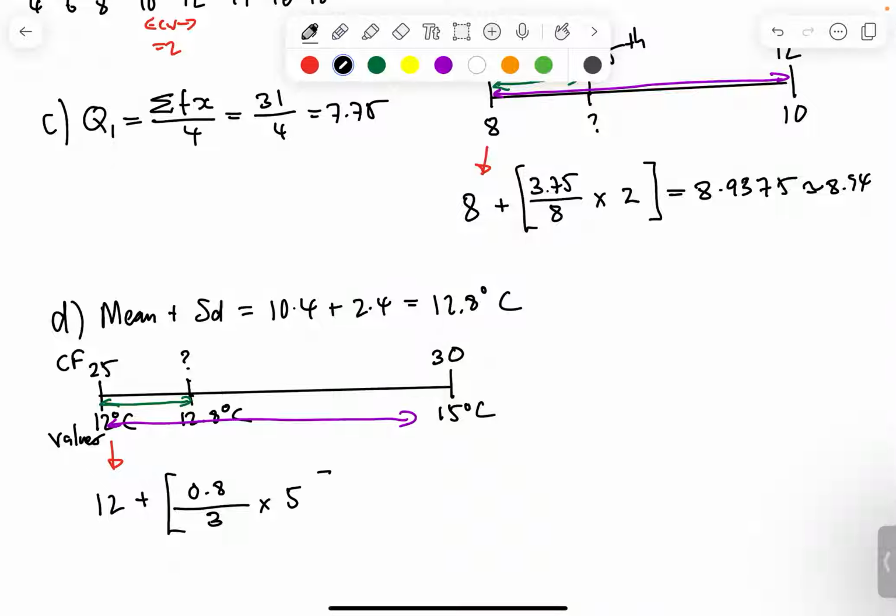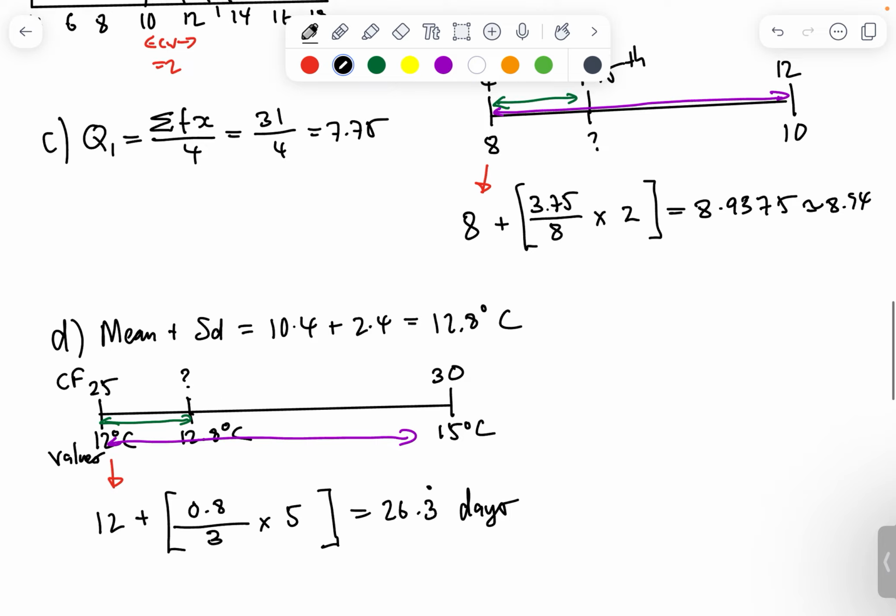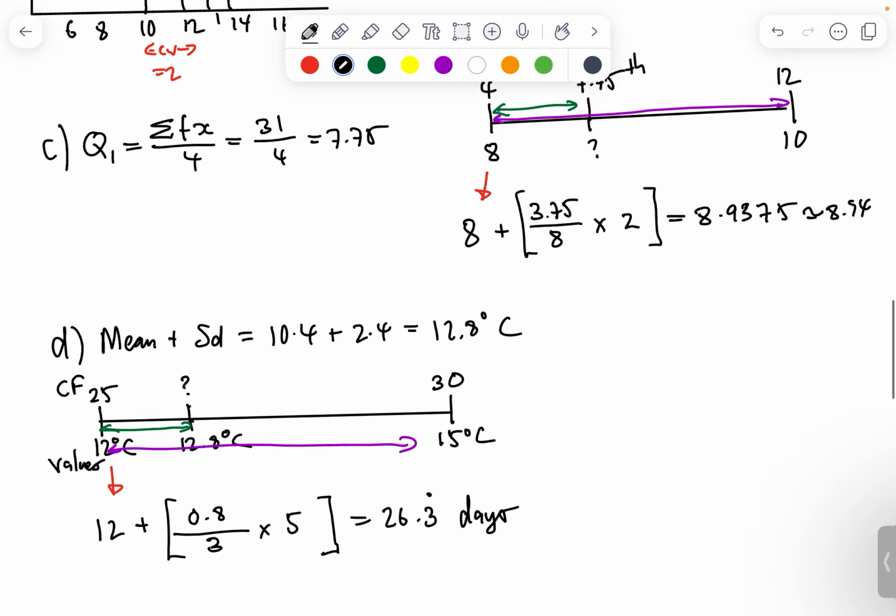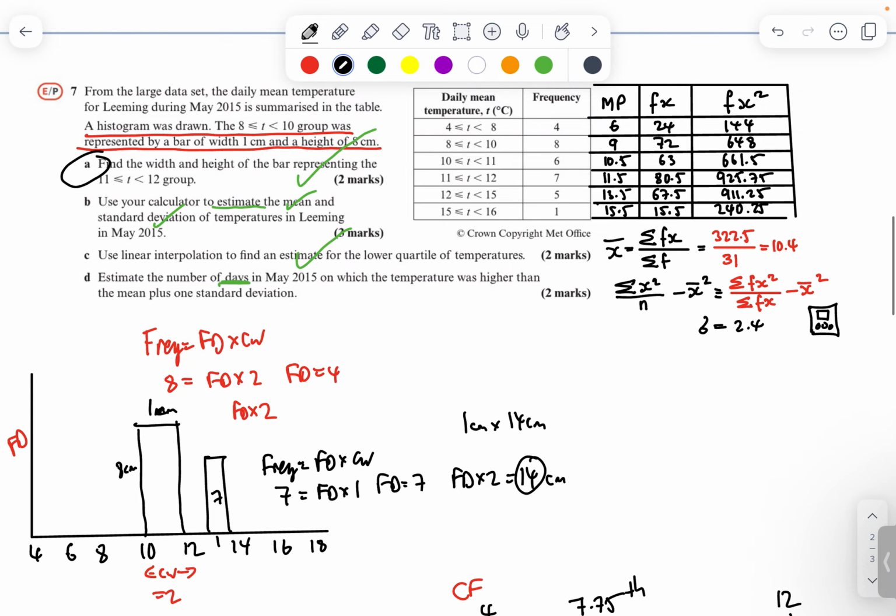This time I'm doing the other way around, so I'm multiplying it by the total number of days, whereas before I was doing it by the range of temperatures. So now I've got 12 plus 0.8 over 3 times 5, and that gives me 26.3 days. And that is question D.